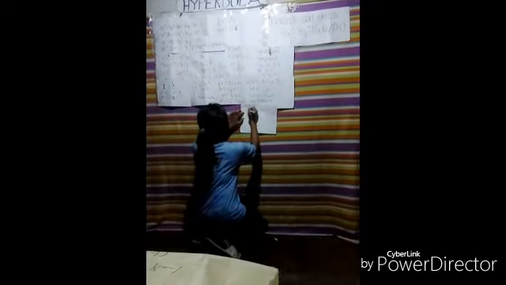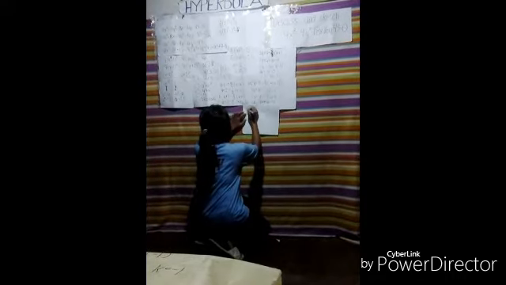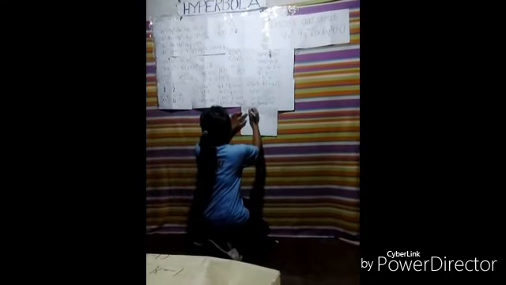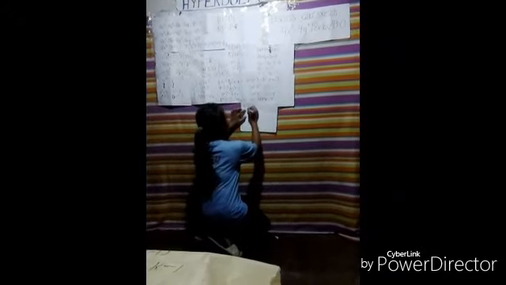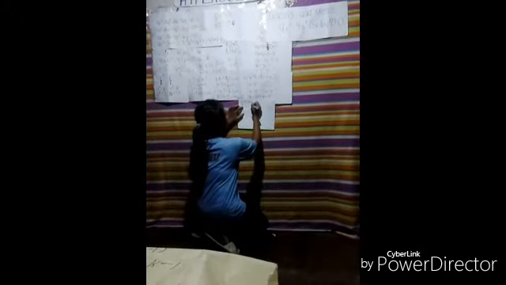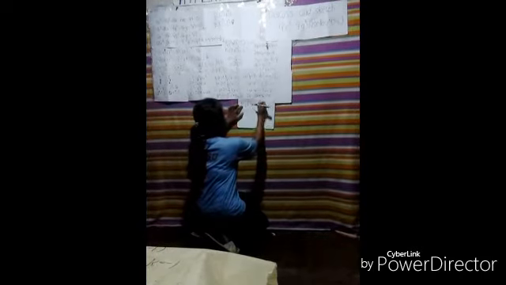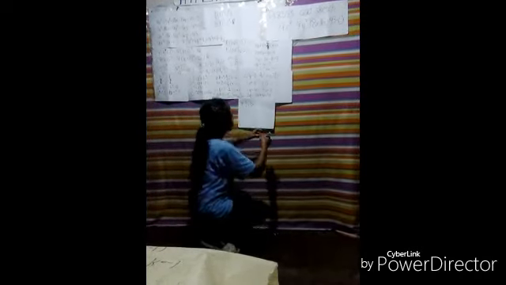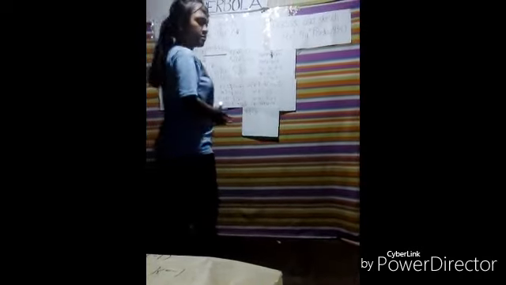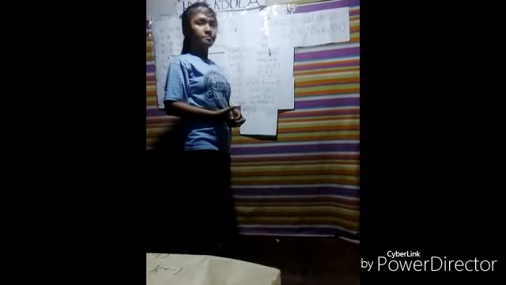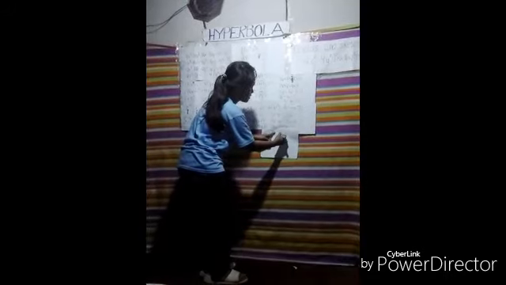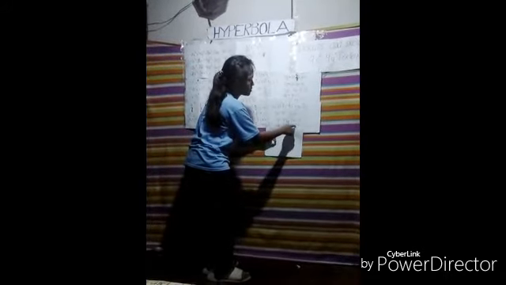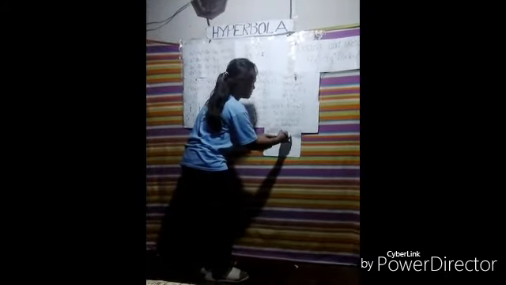So it will become y is equal to 1/2 of 3x, and so 3x, so there is 4 minus 4 equals 0.